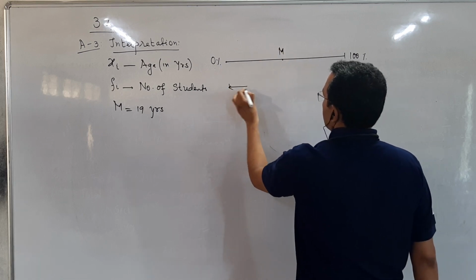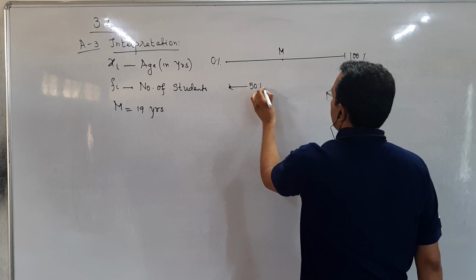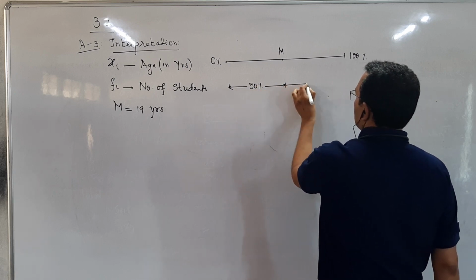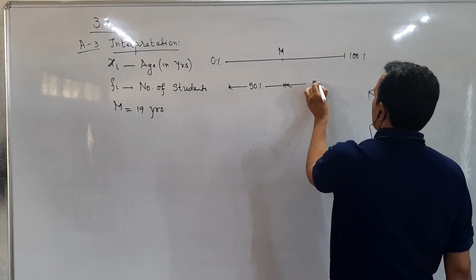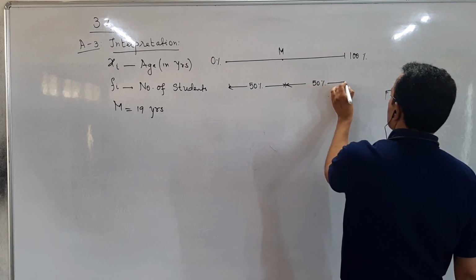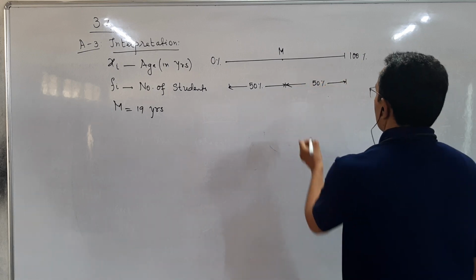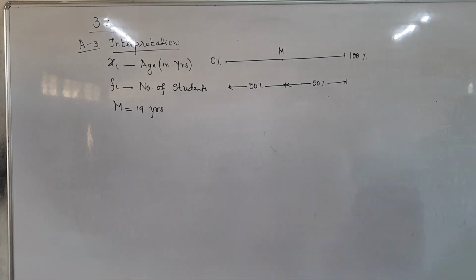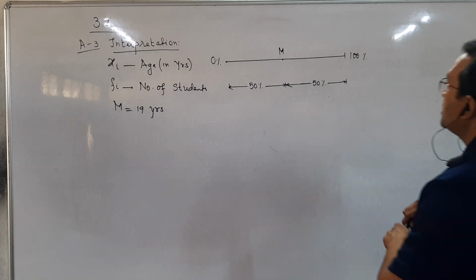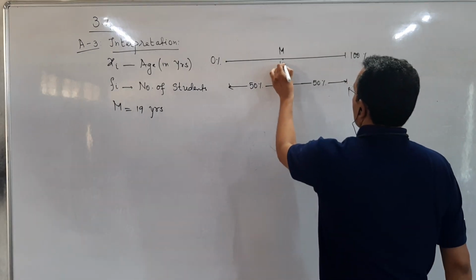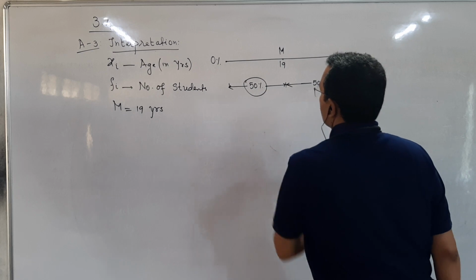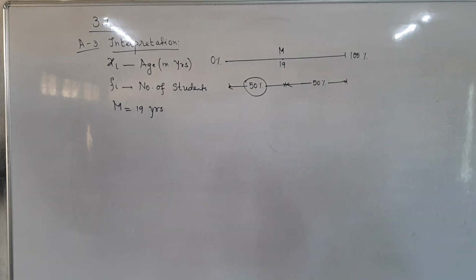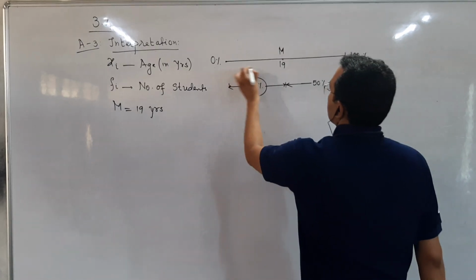So, median divides the data into two equal parts. This all of you know. Median divides the data into two equal parts. So 50% of the observations are always less than median.